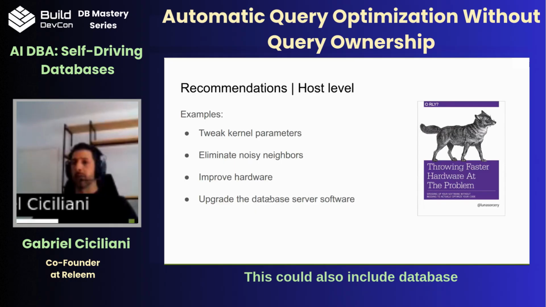This could also include database upgrades, right? There are some cases where performance is related to database software regressions, and you actually need to replace those binaries, so change the server binaries entirely. So they need to happen at the host level, right?